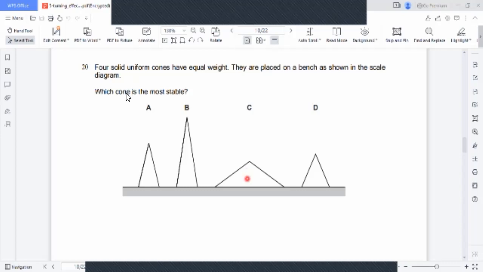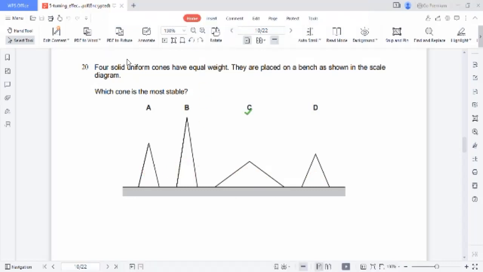Its center of mass is expected to be somewhere here. So it looks like C has the lowest center of mass and the largest base area. So C would be the most stable one among all of them.